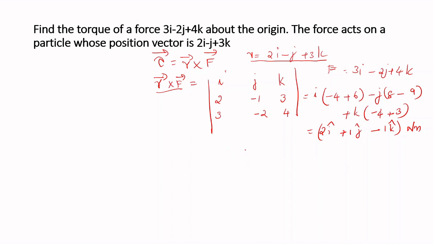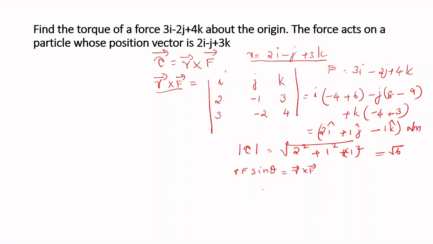Now if you want to find the magnitude of torque, we take the root of 2 square plus 1 square plus minus 1 square. That will give us root 6 as the magnitude of the torque. Now if you want to find out the angle at which the torque is acting, as we know, torque is R F sin theta. So R F sin theta is R cross F. That is how we learned.